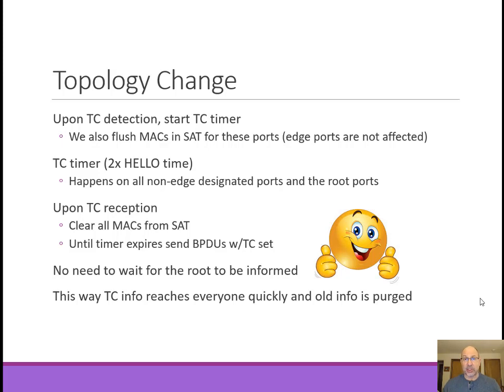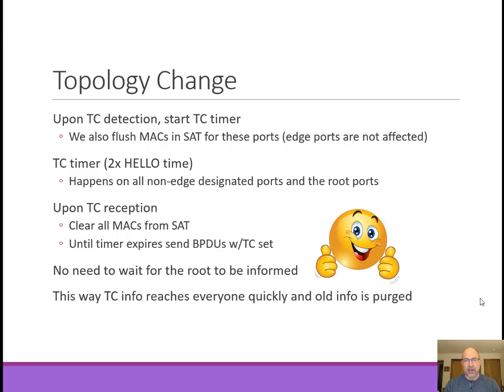Somebody generates a topology change, right? They set the topology change flag, so we have a TCN, and we start the TC timer. Now, one important detail for spanning tree and rapid spanning tree is that when you have a topology change, the SATs are flushed. We wipe all those out. And the reason for that is that you don't want traffic being forwarded in multiple directions.